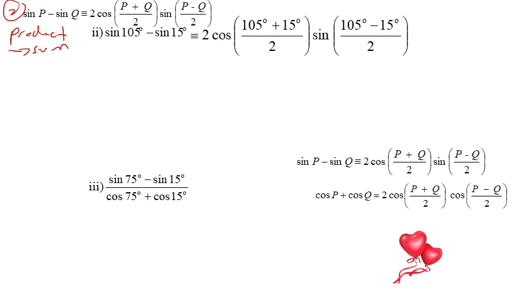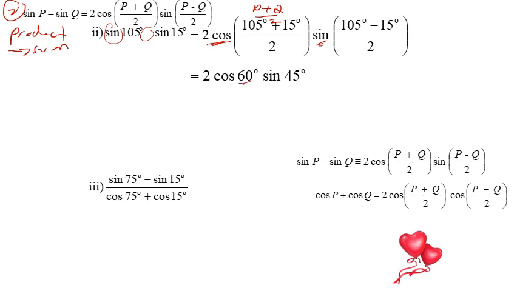The formula for sine minus sine, we have cos first and then sine. So the above here is the same, which is P plus Q over 2. In this case 105 plus 15 over 2, so 120 over 2, we got 60. And then here 105 minus 15 is 90, so 90 over 2, we got 45. So we got 2 cos 60 sine 45.